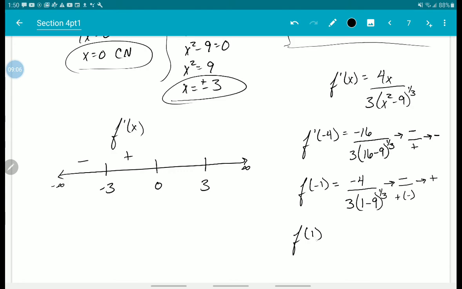Now, picking something in this next interval, I'm going to use a 1. And this is going into the derivative there. 4 times 1 is 4 over 3 times 1 squared, which is 1, minus 9 to the 1/3. So we have a positive over a positive times a negative. And that's going to give me a negative.